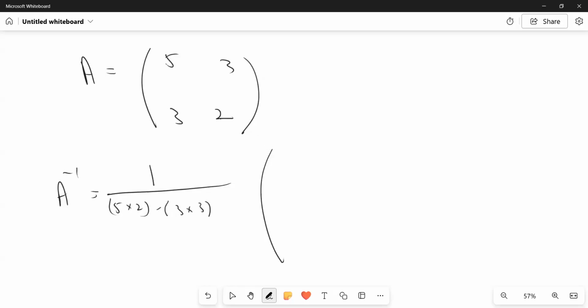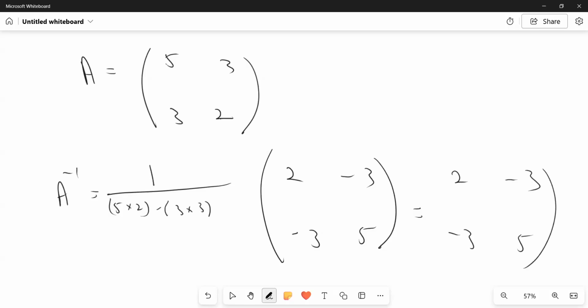So we'll switch these two up, and change the sign here and here, right? So all of this turns out to be 1. So your answer is the matrix 2, minus 3, minus 3, 5, right?